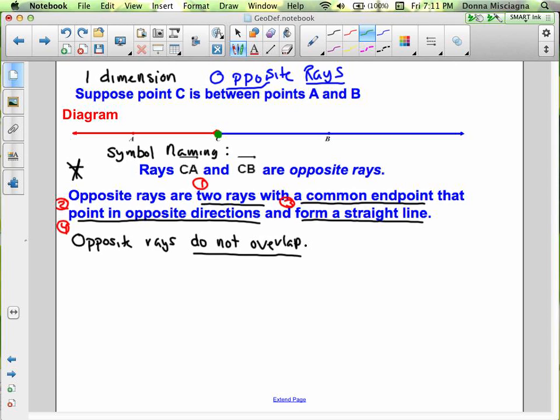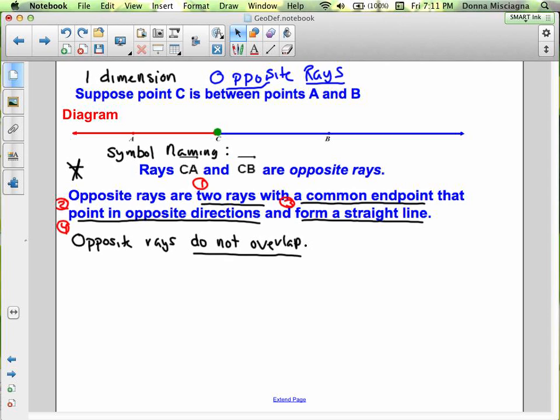That point there is the endpoint for both of our opposite rays. That's what makes them opposite. They have the same endpoint. Here we have ray CA and ray CB are opposite rays. For the naming, include that ray CA and ray CB are opposite rays here.